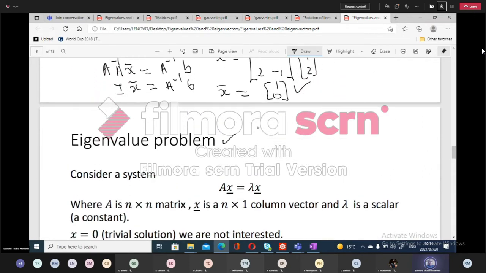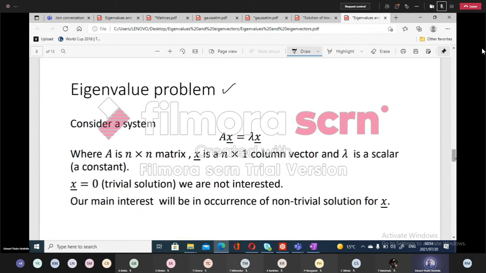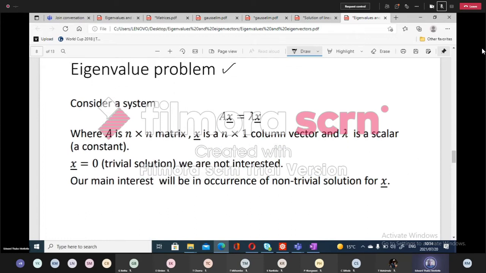Now we move to the eigenvalue problem. Here I'm going to go step by step and give you the method, which we are going to use here. Let's say they say consider this system, where A is an n by n matrix.